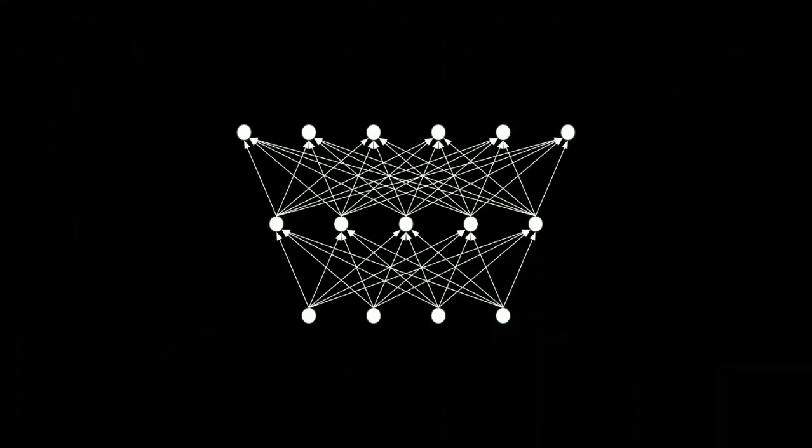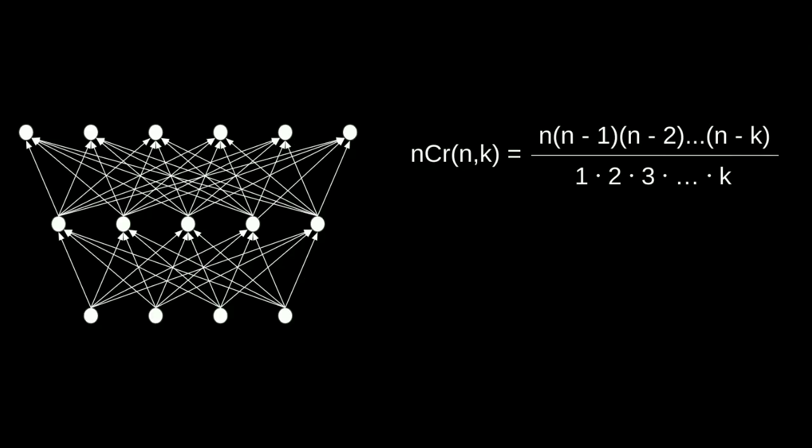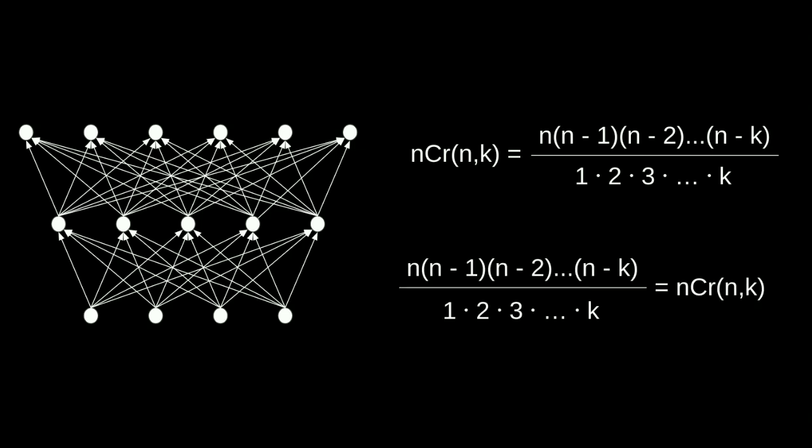This is a three-layer graph and all possible paths visualized. Let's take a look at the definition of a binomial coefficient and compare both of these. On the left is the three-layer graph, and on the right, the binomial coefficient definition. The amount of all possible paths on this graph corresponds to the numerator in the binomial coefficient.